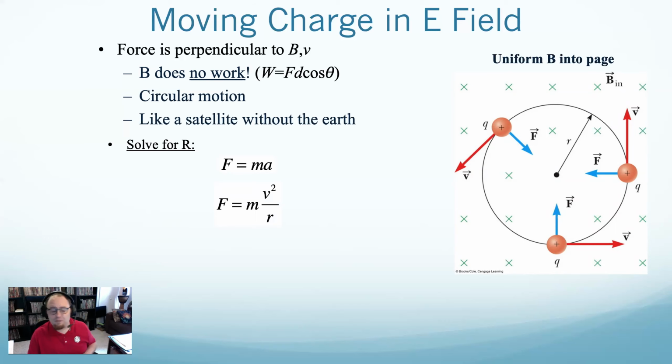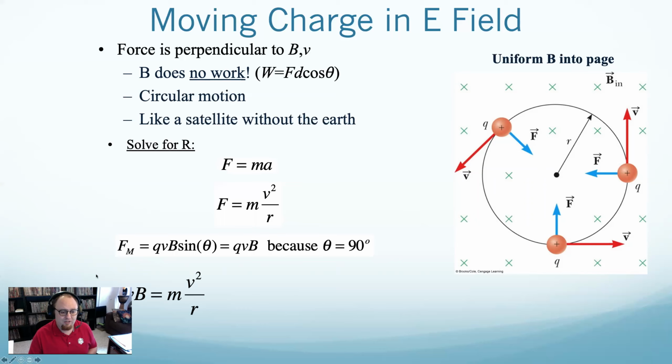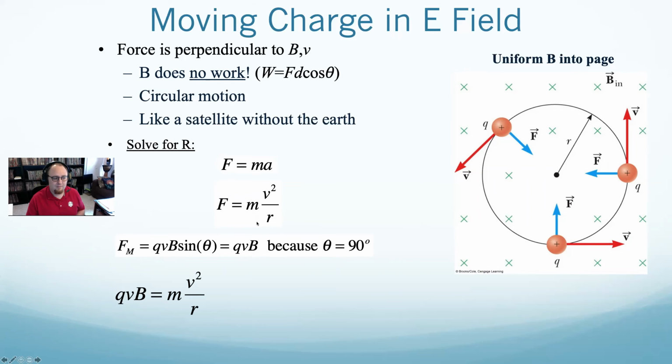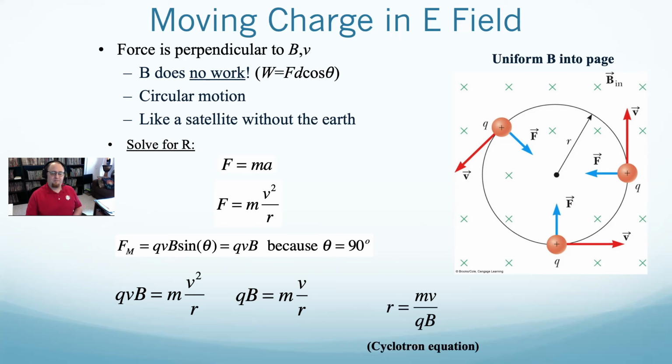Now, if these two fields are perpendicular, that means it's going to be QVB sine theta, which is QVB, equals mv squared over r. I can divide both sides by v, and with a little bit of rearranging, get this equation. It's called the cyclotron equation.